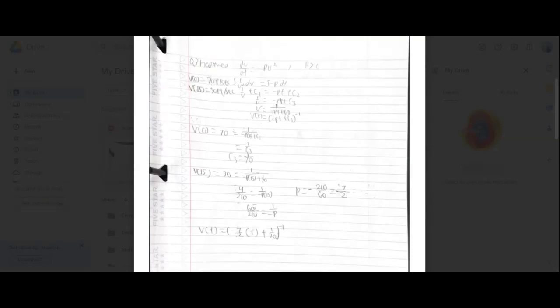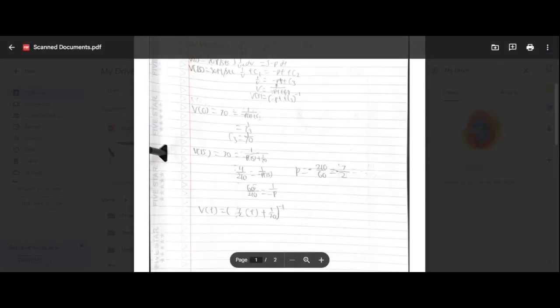Yeah. So then I solve for v of t. I then plug in my values for 0 to solve for C3, which gives me 1 over 70. That's that second part. And so then I would have to solve for P. So for P, I plugged in my t value, which was 15 for this case, as I made up. And I equated that to 30, because that's also the value I made up.